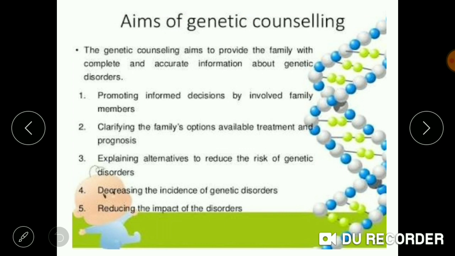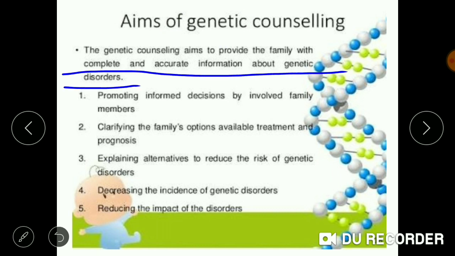There are certain aims of genetic counseling. Genetic counseling aims to provide the family with complete information regarding genetic disorders.